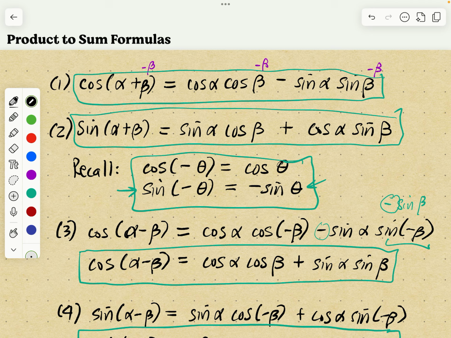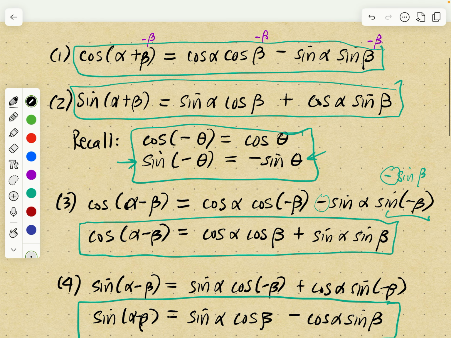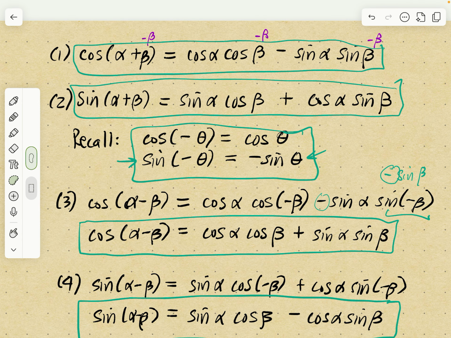They're equal. And what's going to happen is I have a cosine alpha cosine beta here, and I also have a cosine alpha cosine beta here, and then I have a negative sine alpha sine beta here, and a sine alpha sine beta there. So when I add the two equations, the sine alpha sine beta terms are going to cancel.